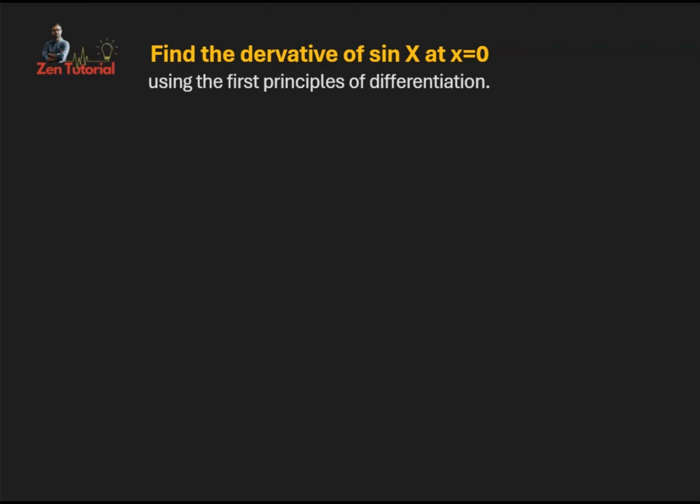Find the derivative of sine of x where x is equal to 0. The condition is we have to use the first principle of differentiation. So the function f(x) is equal to sine x, and we have to use the first principle of differentiation.